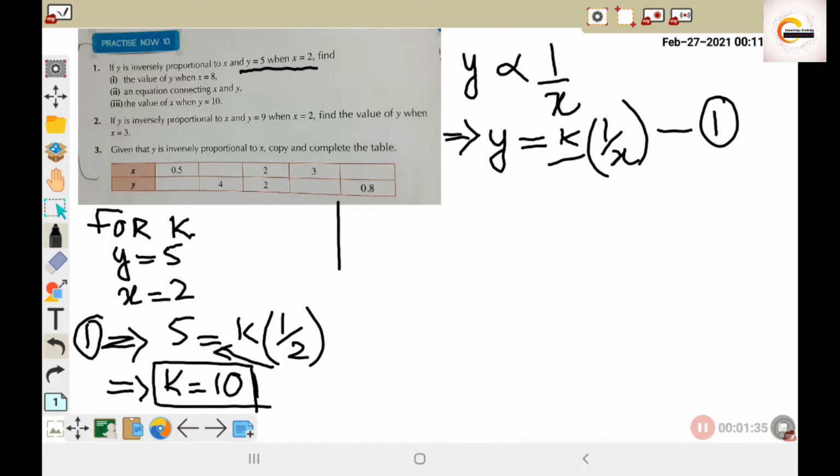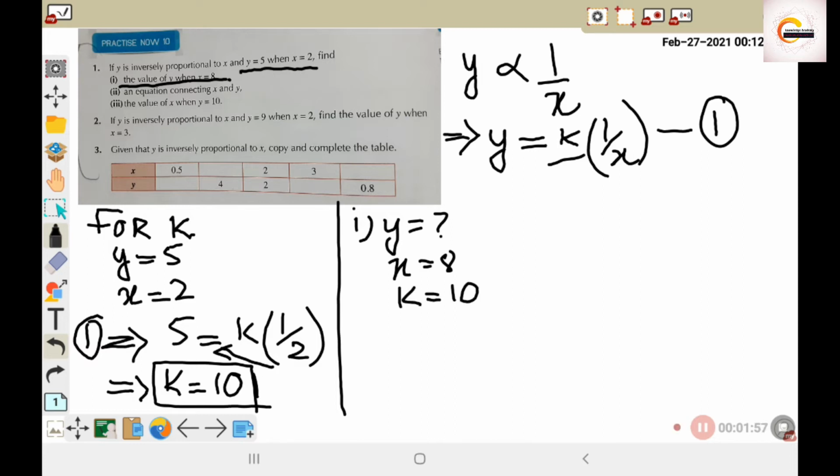Alright, now let's get back to our question number 1, part 1, that find the value of y when x is equal to 8. We know that k is equal to 10.